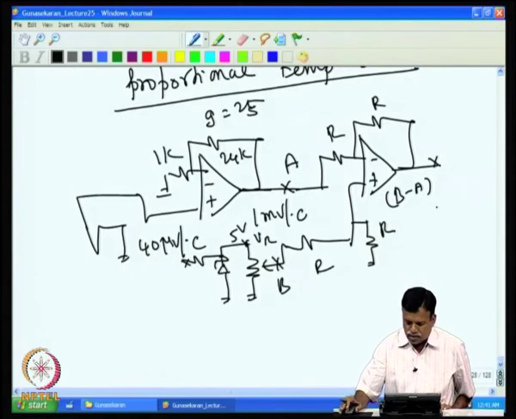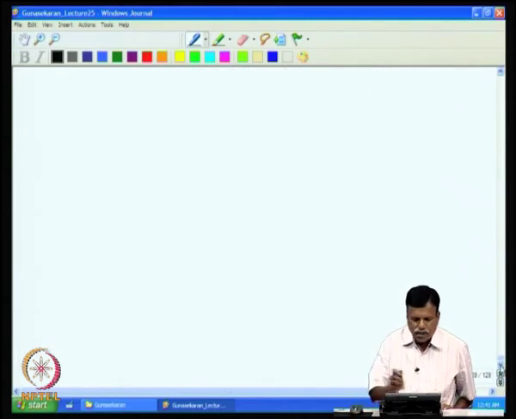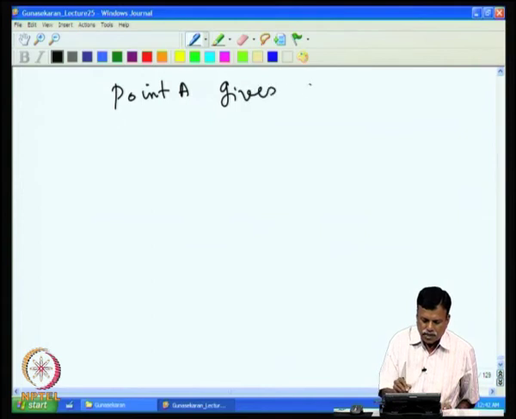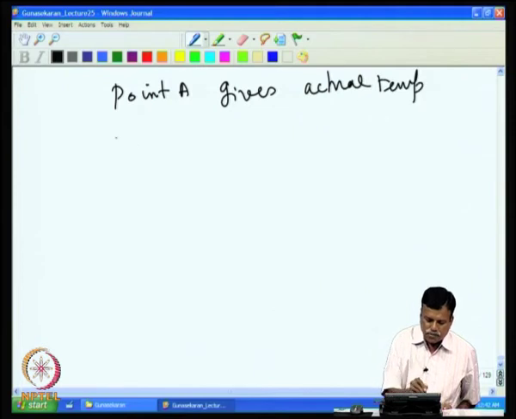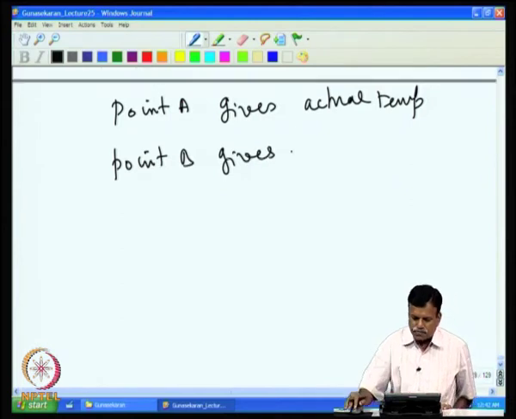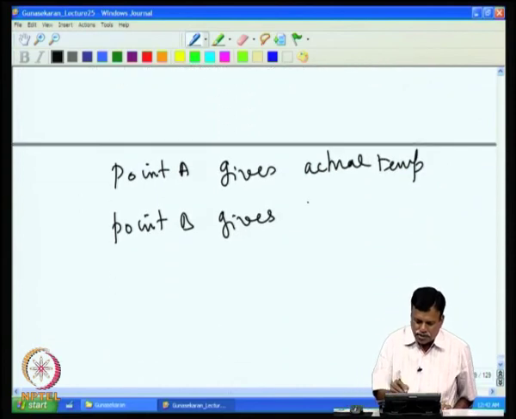So, point A gives you the actual temperature. Point B gives you the reference temperature, that is, the set temperature.